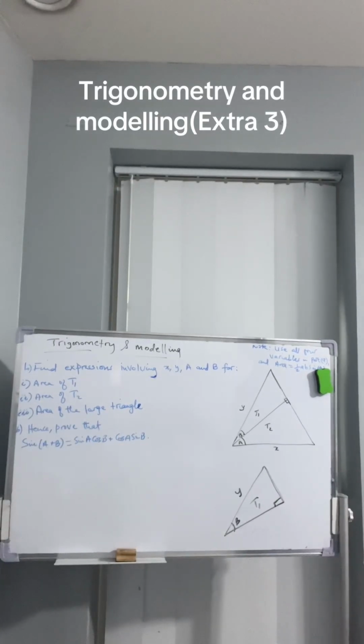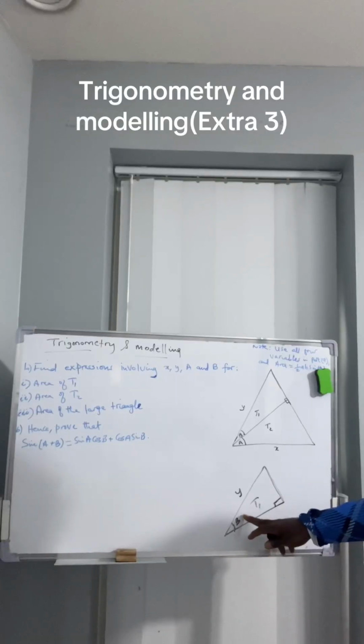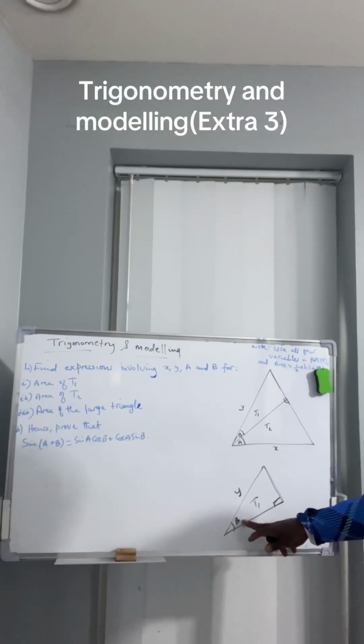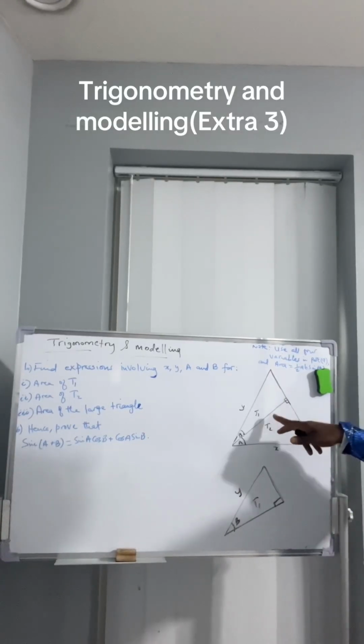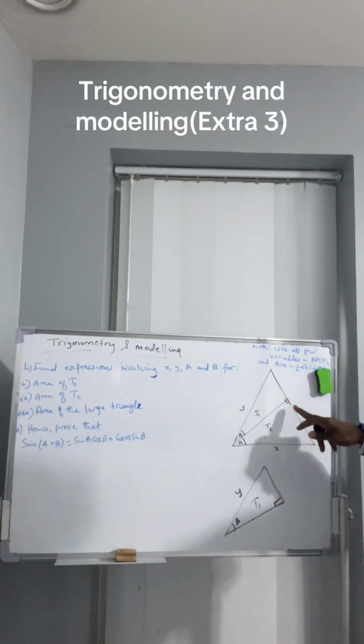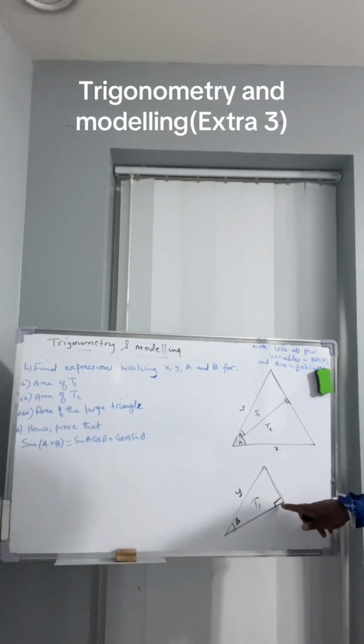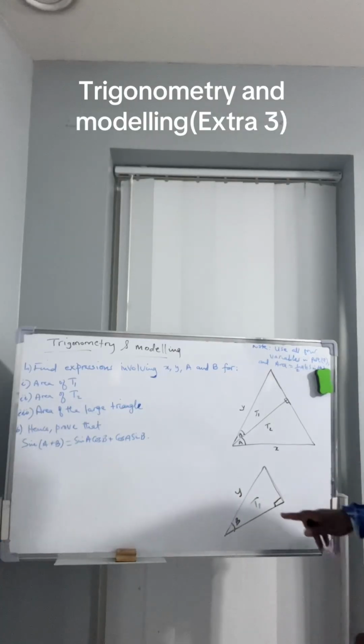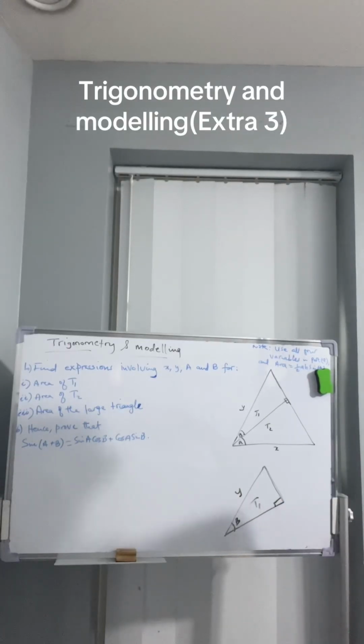That's all we know for T1. You have B, the angle, and the length, because this line is perpendicular to this line here, so it forms 90 degrees. So therefore, this Y here is your hypotenuse. And this is the angle B.